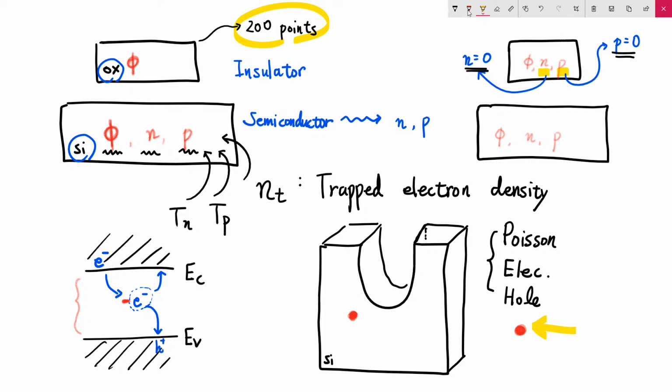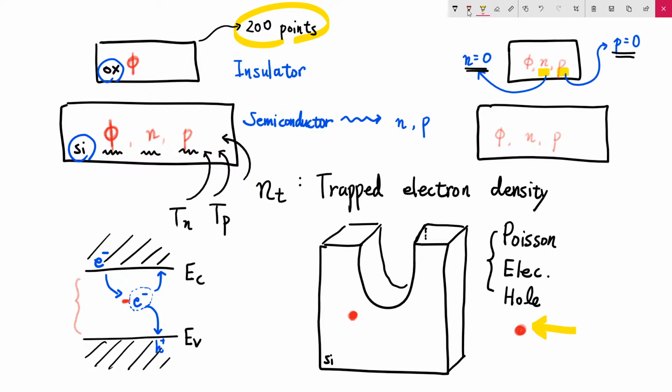And for this trap, yes, the balance equation is well known. We can solve it. That doesn't make any difficulty. It looks quite similar to the electron and hole continuity equation. However, there is no spatial derivative. So anyway, it is not that difficult to consider this trap movement. Movement means the transition of electrons through the trap state.